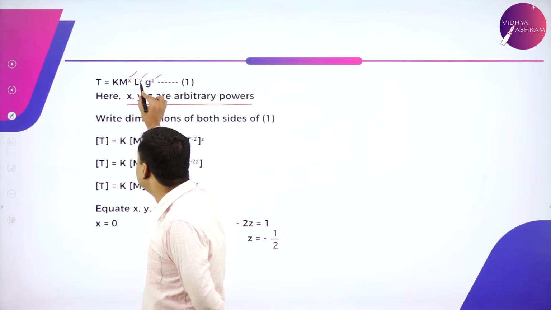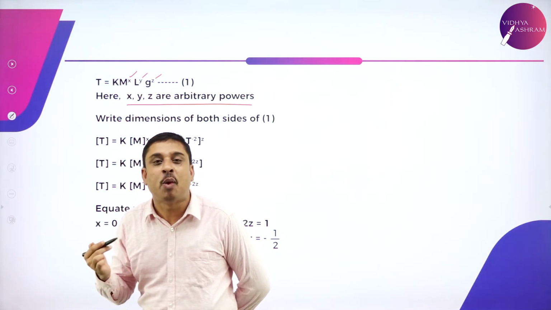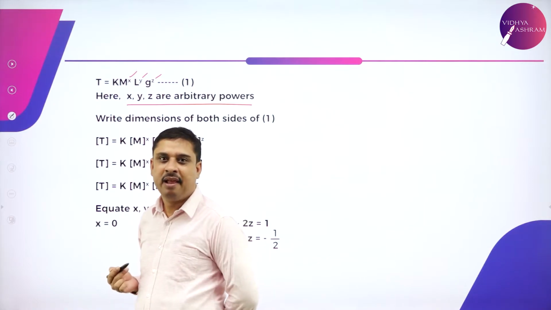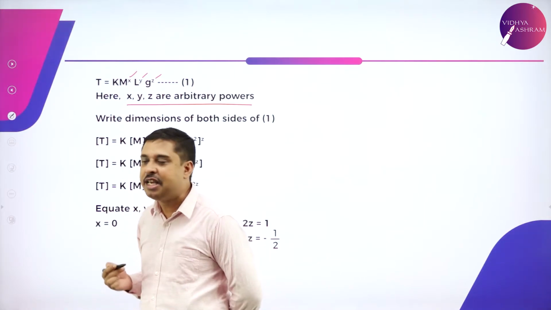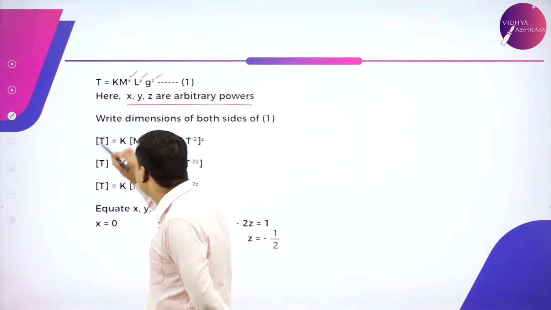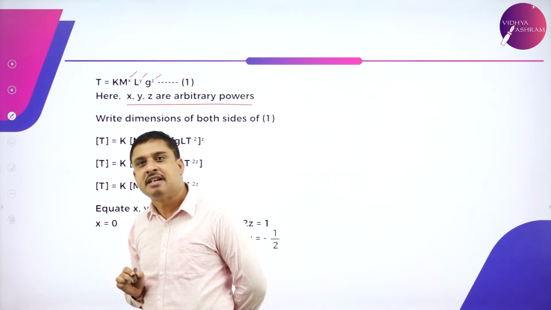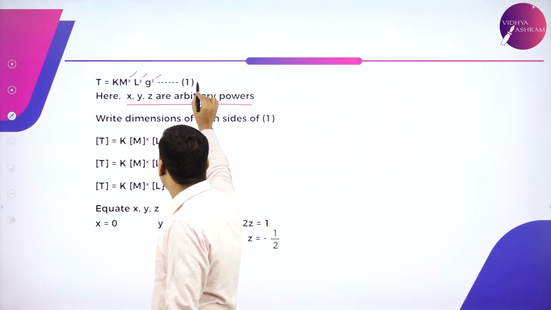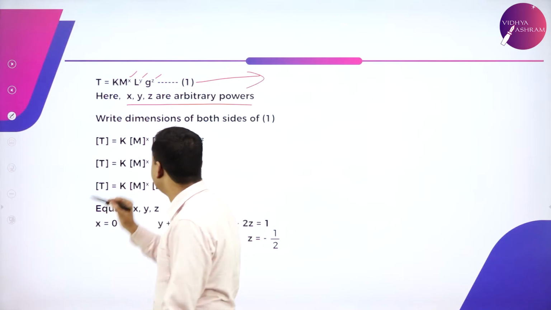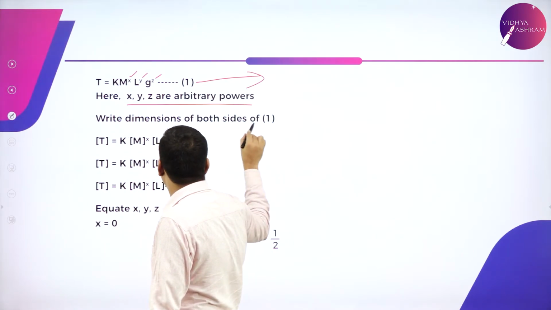Mass, length, acceleration, they are fundamental quantities. In order to get their dimensions, I have raised M to the power x, L to the power y, g to the power z. And I call this equation 1.